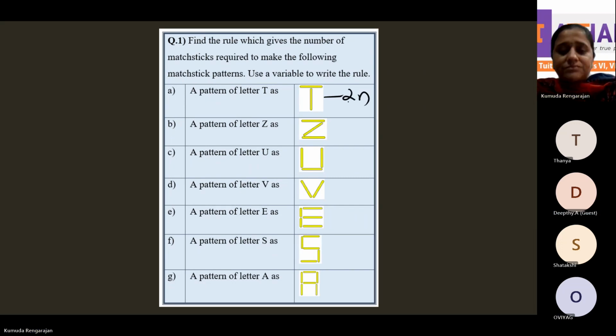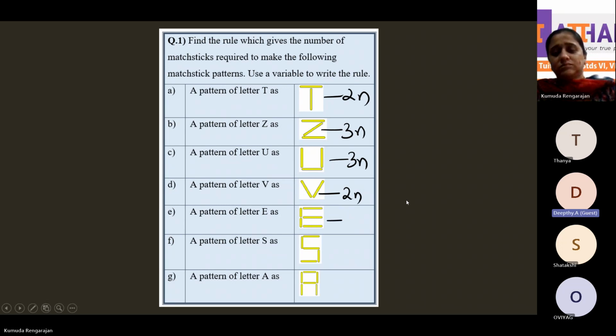Okay, ma'am. Tell me what will be the answer for this one. Ma'am, 3n. Next. For C also. Ma'am, 2n.